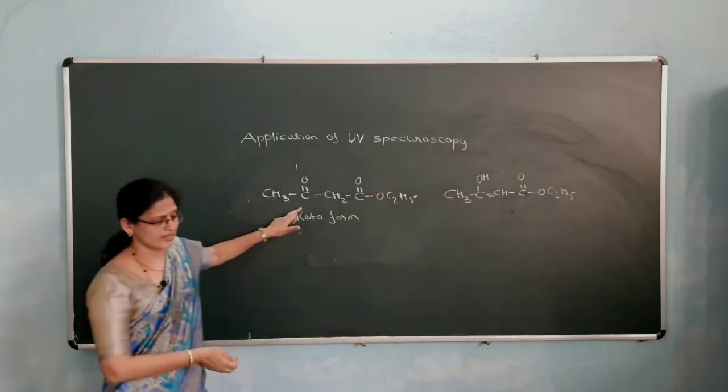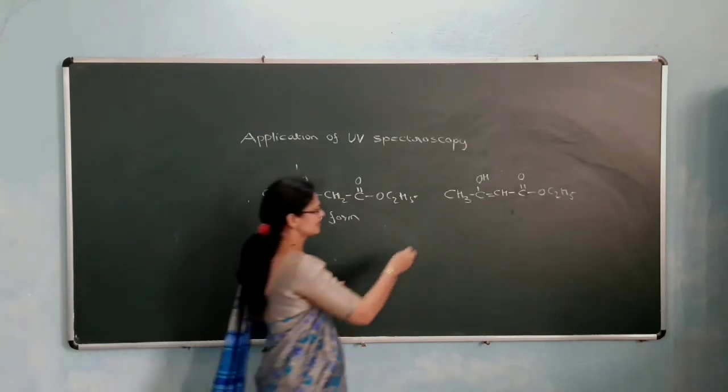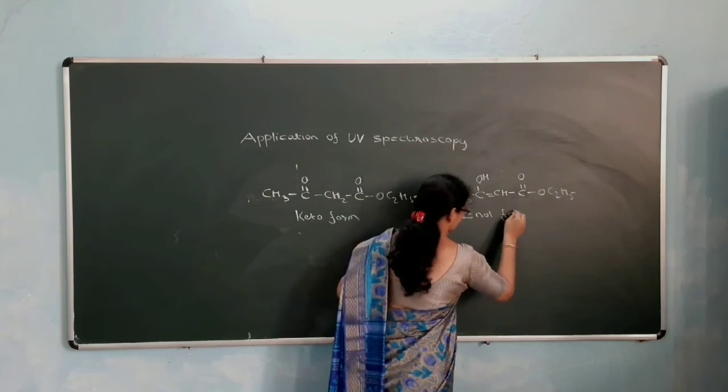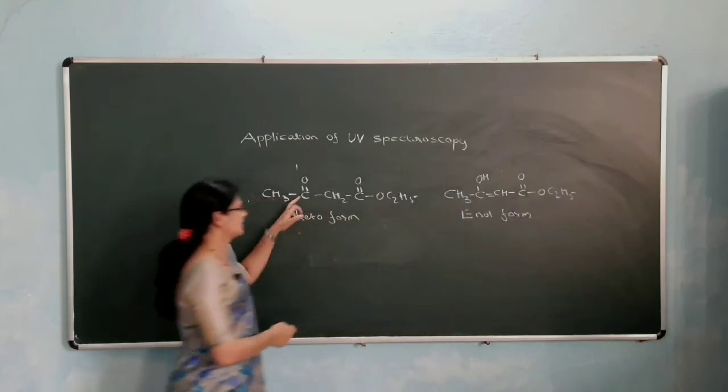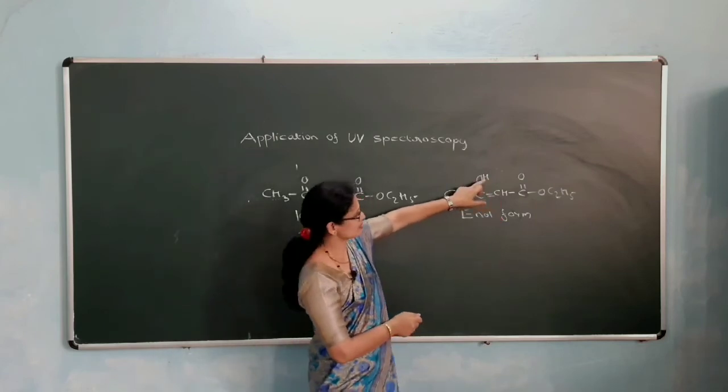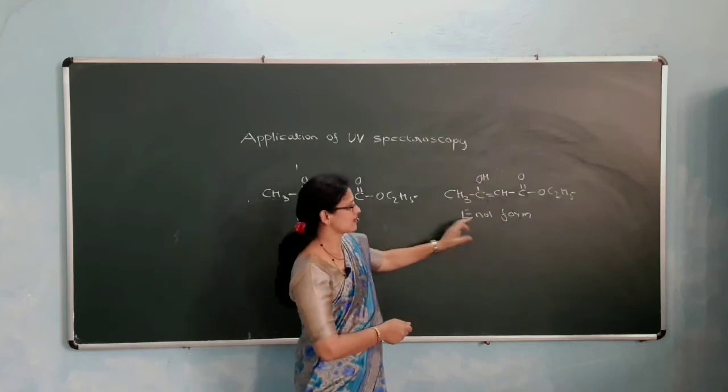So, ethyl acetoacetate is in the keto form and this is in the enol form. Okay, in the keto form there is a C double bond O, and in the enol form one of the hydrogens is transferred to here. So, it is a double bond, that is the enol form.